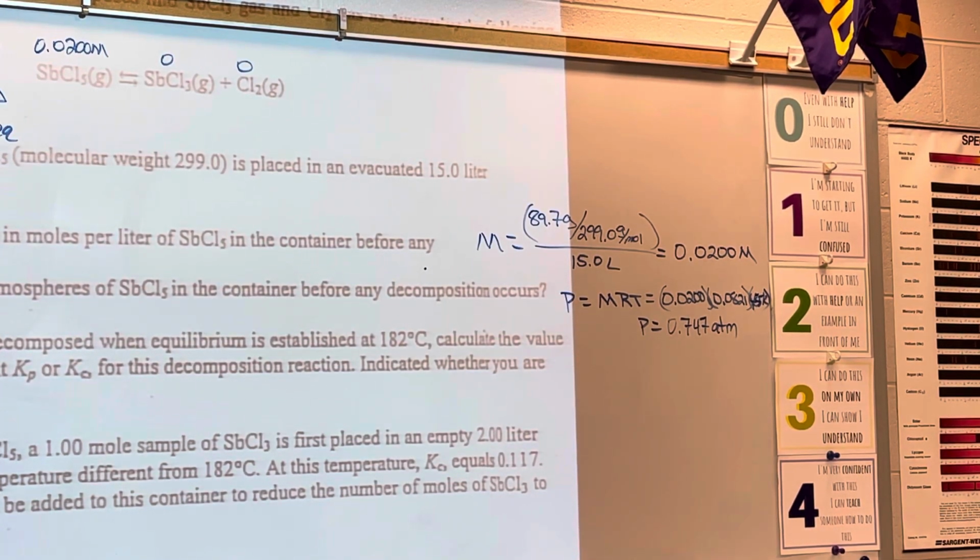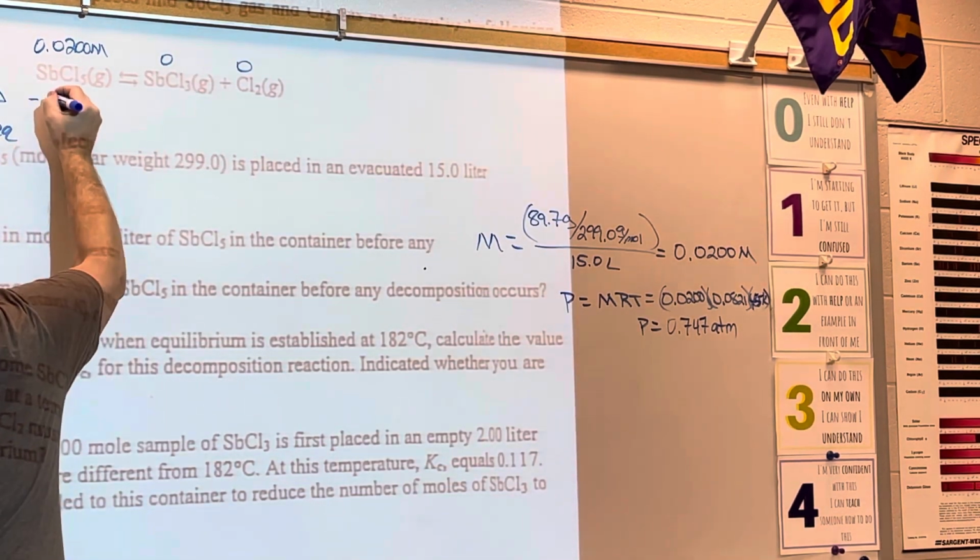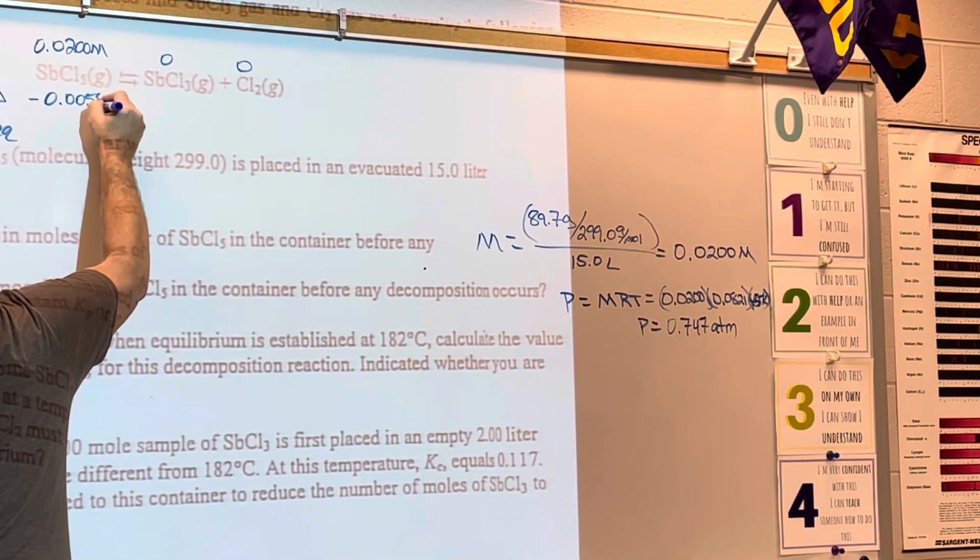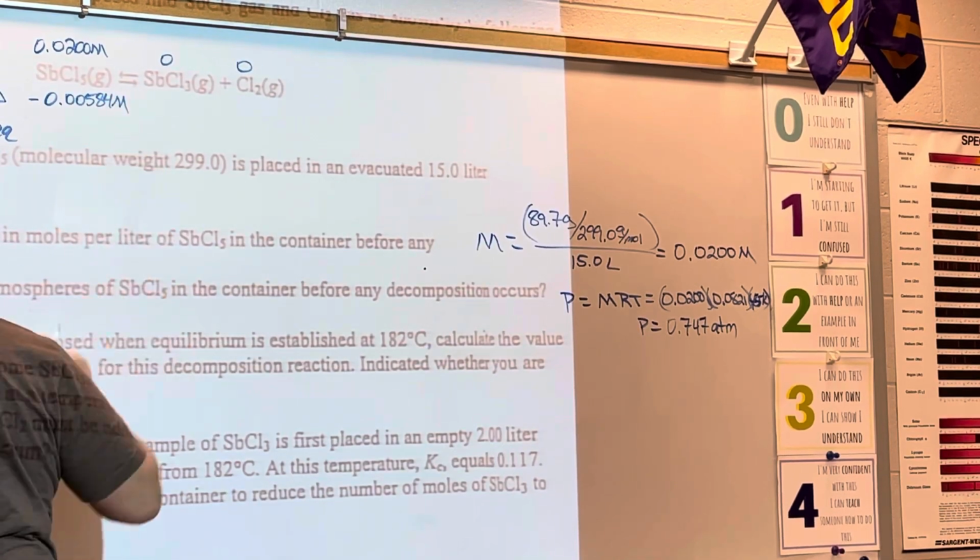To multiply by 29.2%, move the decimal 2 places, so it's 0.292. It's going to be minus 0.292 times 0.0200. So that comes out to 0.00584 molar is my change.